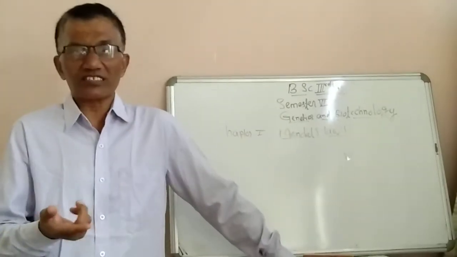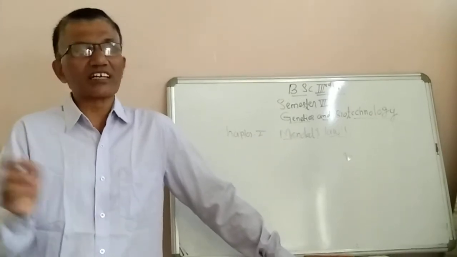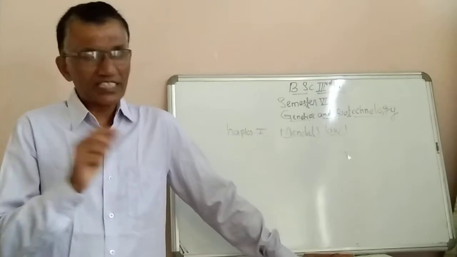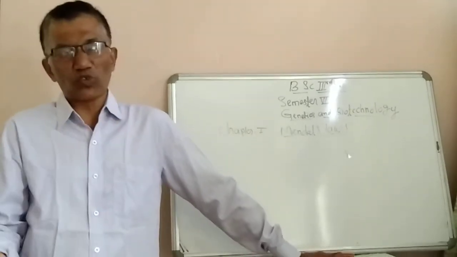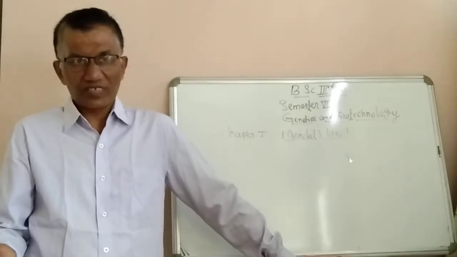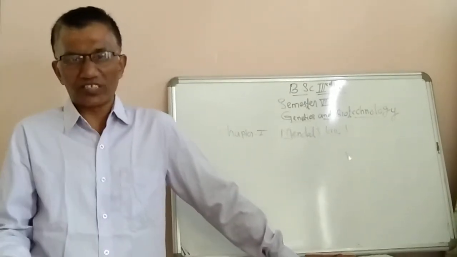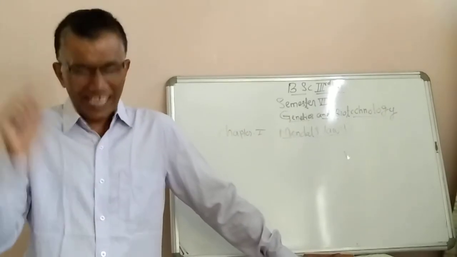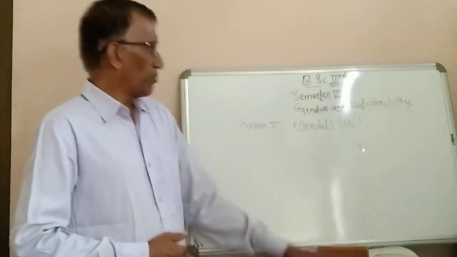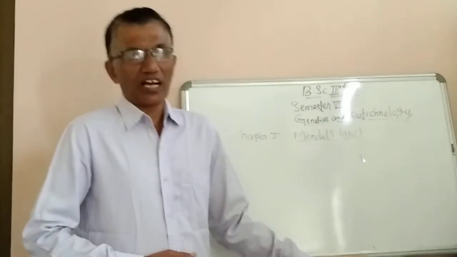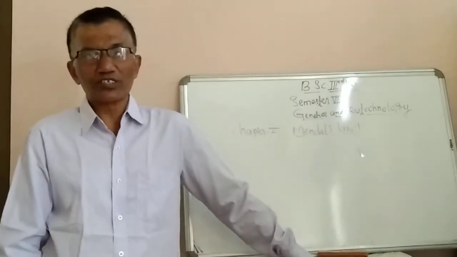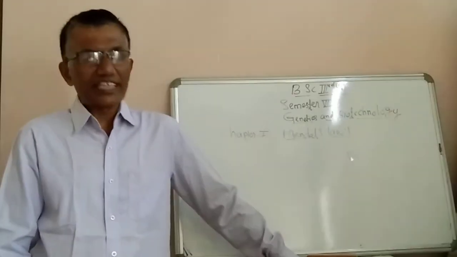Later on, those factors were considered as genes, and these genes transfer from one generation to other generations. How these factors transfer from one generation to another was proved experimentally by Gregor John Mendel, and he came to the conclusion of 3 important laws to prove the inheritance of characters.